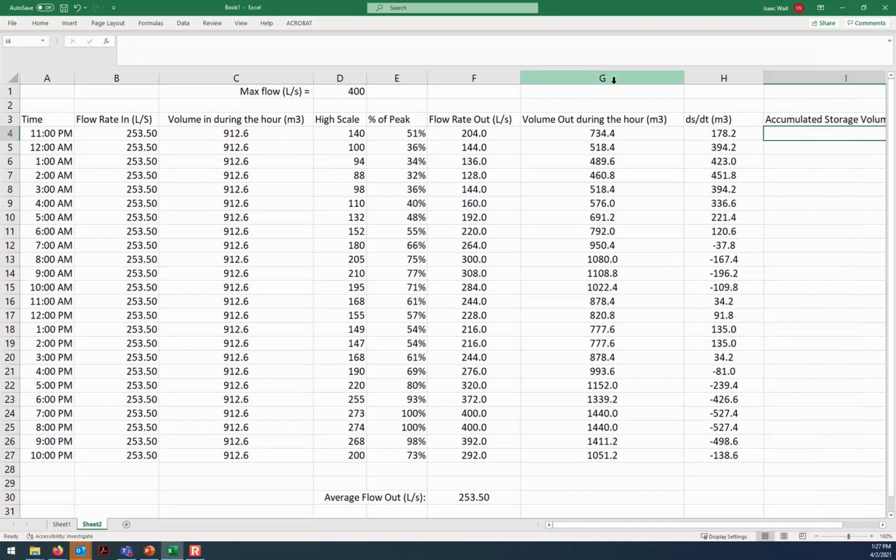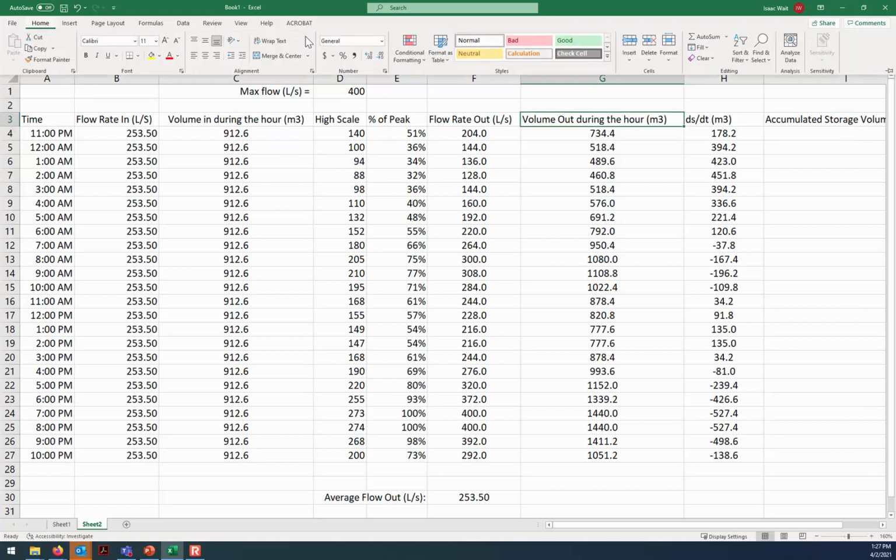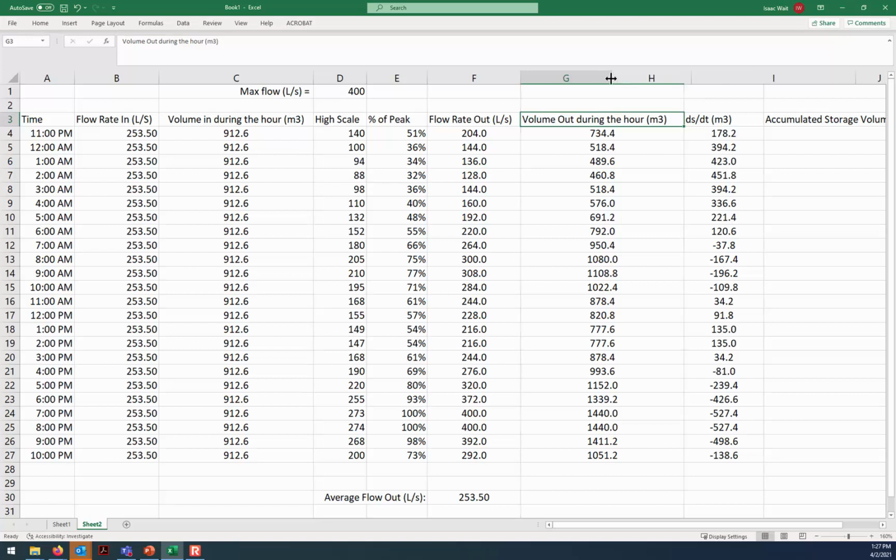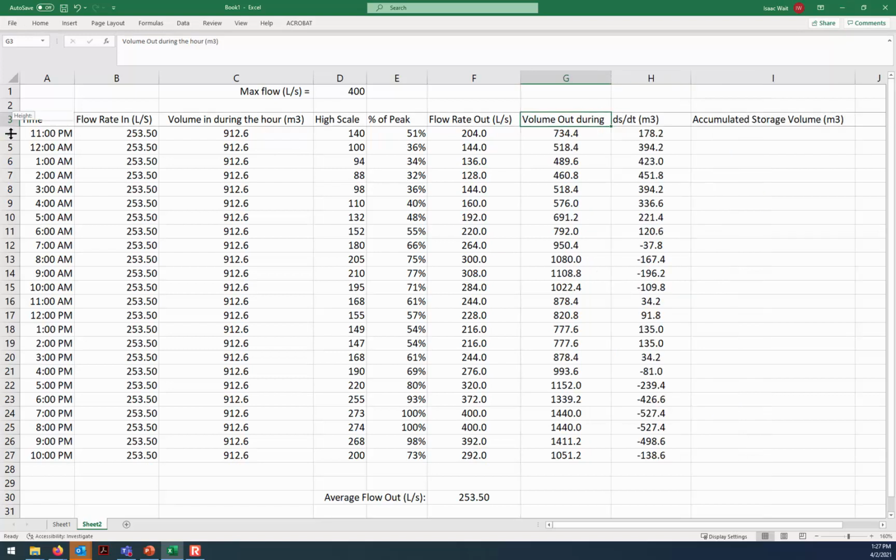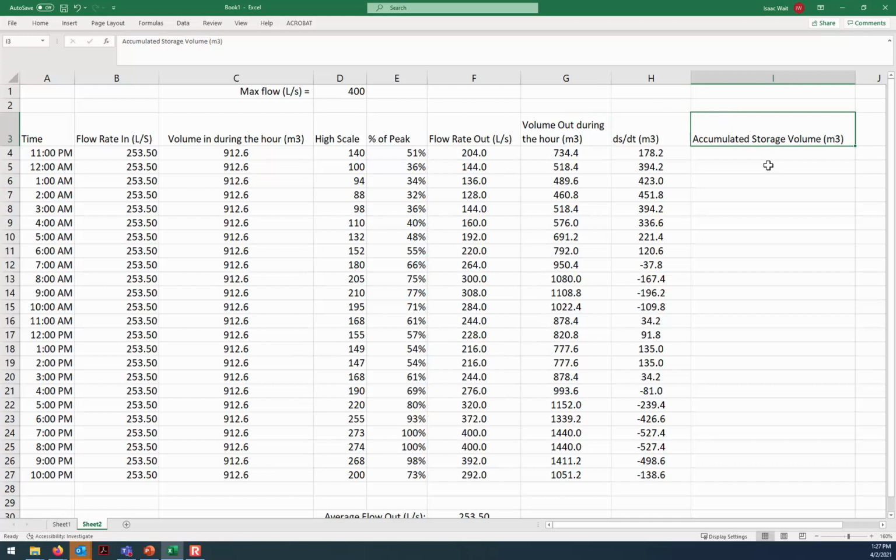Accumulation. Just to make this a little narrower, let me wrap text here. And then that will allow me to do this. All right, so accumulated storage volume. At 11, the tank was empty, but then it just started filling, right?